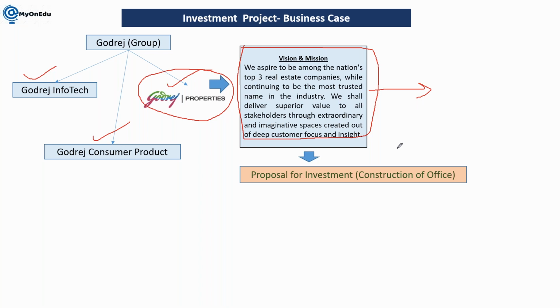Just consider we are executing a project. When we are executing any project, we need to understand that the project has to be aligned with your organization goal, mission and vision. By considering this fact, we do a pre-investment analysis to see whether it fits my strategy or not.